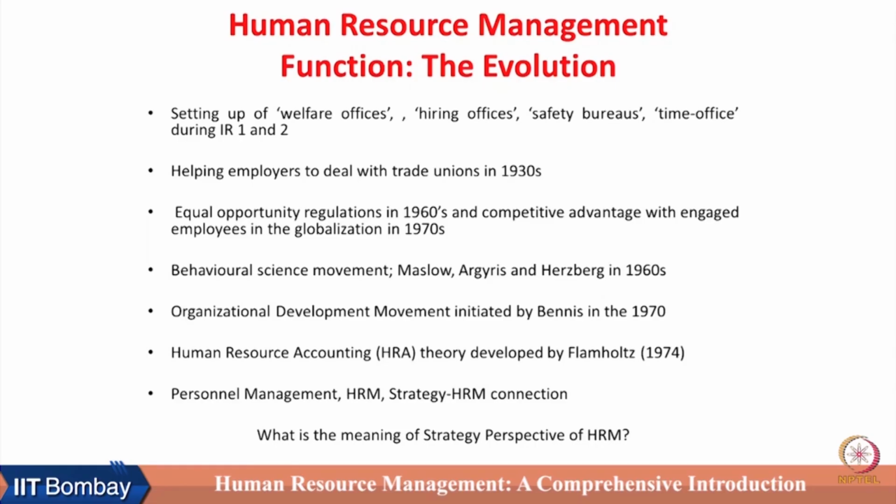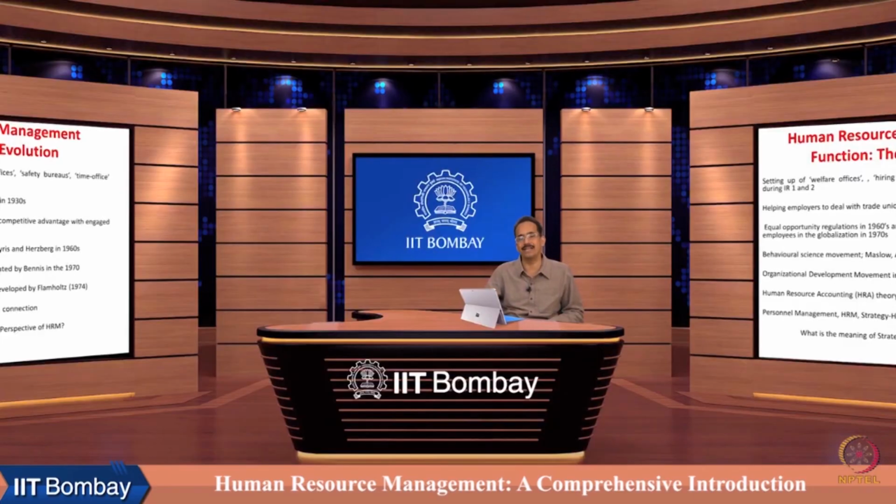In the mid 70s, Flamholtz started a significant process of bringing human resources under the ambit of some form of accounting. It was not typical financial accounting, but the effort was aimed at giving monetary value to the human resources.